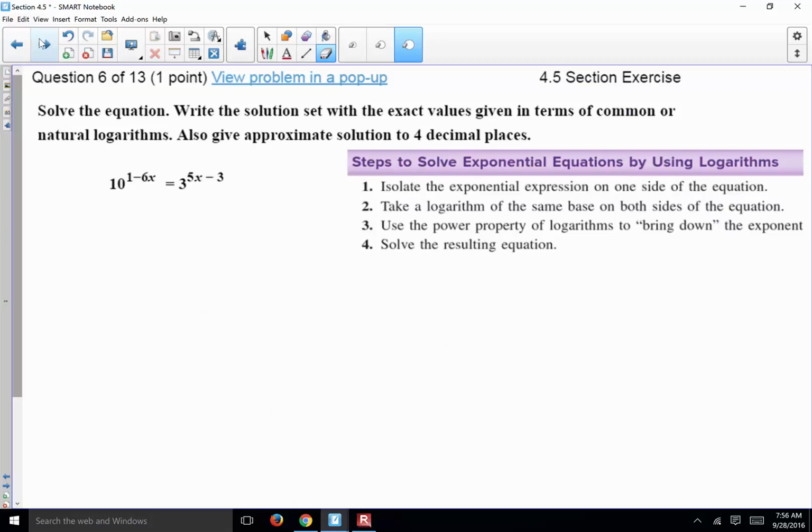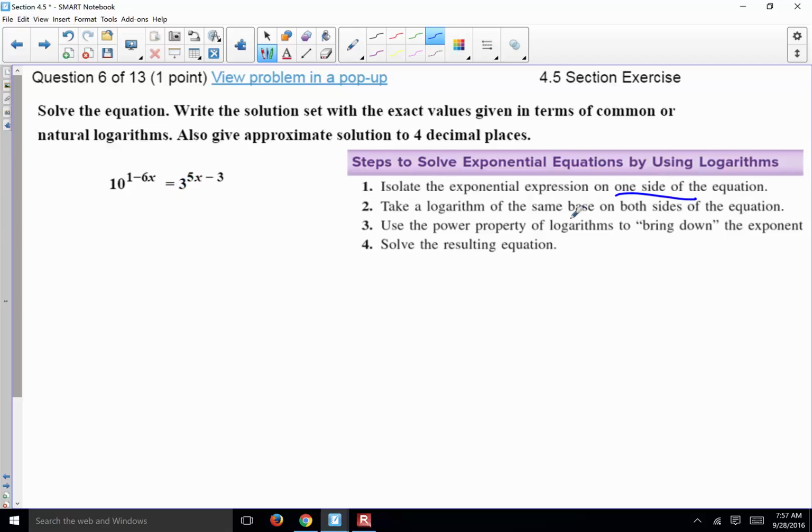Do you see a difference? Both sides have a different type of exponents. One with a base 10, one with a 3. Now what shall we do here? Forget about isolating exponential on one side. You can't, because there are two exponentials with two different bases.